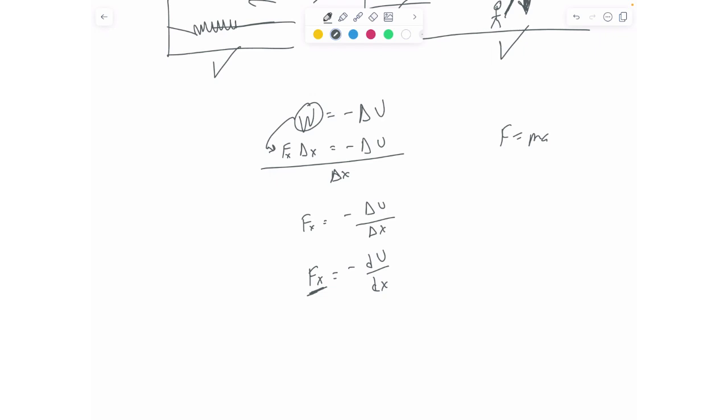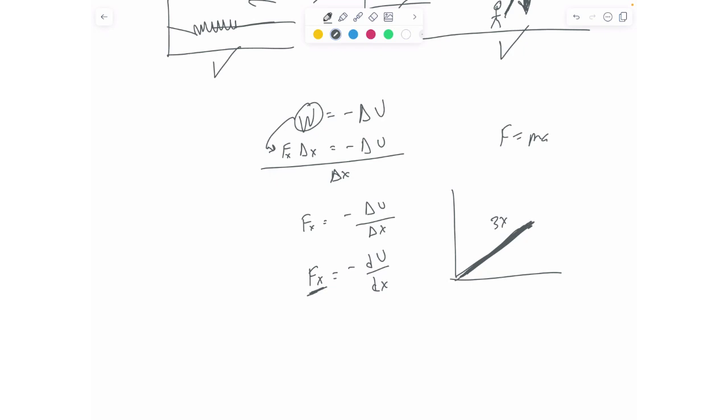So let's say I have some graph here, and I have some gradient, and let's say this is dU/dx. And let's say this gradient is 3x or something like that. Well, then the force is the opposite of that.